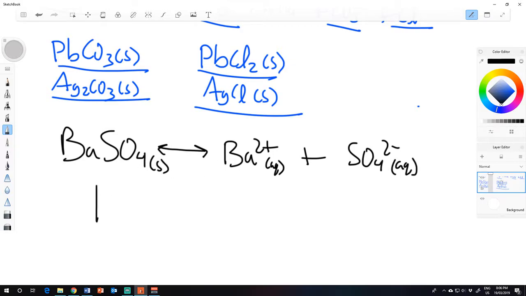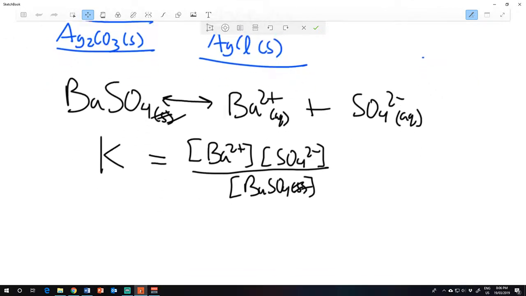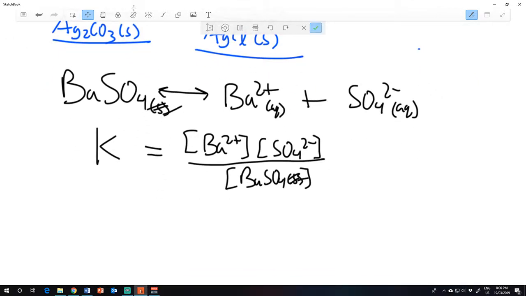So when I write my equilibrium expression for this, I will get the concentration of Ba2+, the concentration of SO4 2-, all over the concentration of barium sulfate, and that'll be solid. Because the barium sulfate is a solid, we don't actually need that, so I can remove the whole thing.